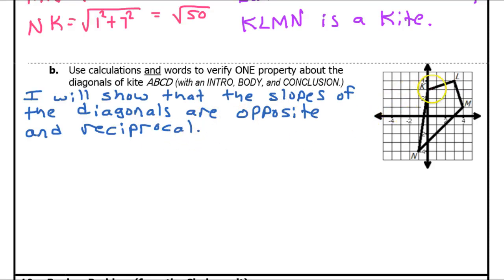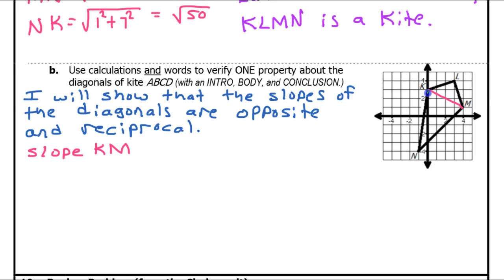So the first diagonal is KM. So let's talk about the slope of that. Alright, so slope KM. Alright, what's going on there? Let's talk rise and run.